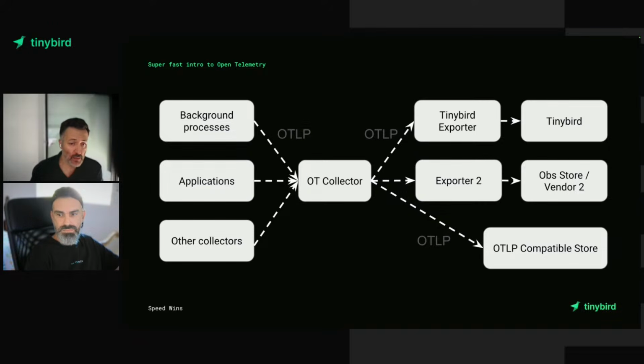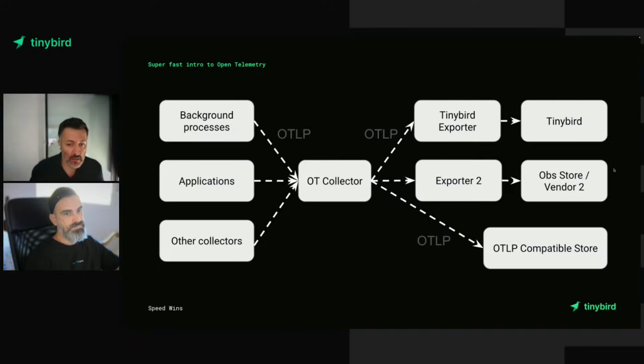Then with the collector, you can use one of the many exporters to send it to a final data store. Obviously, I put Tinybird at the top there, but there are many vendors you can send to. You can send it to Datadog, or ClickHouse, or Grafana. You can send it to many different systems and vendors to then exploit that data.